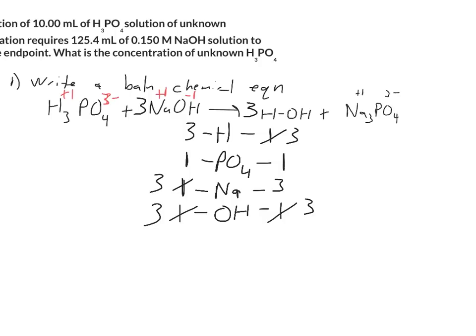So this is a triprotic acid, phosphoric acid, 3 protons in it, hence the name triprotic. So this is the balanced chemical equation for this titration, for this acid-base reaction.